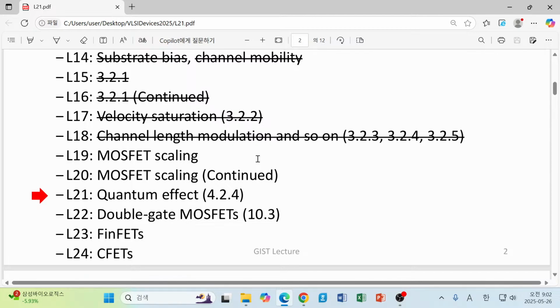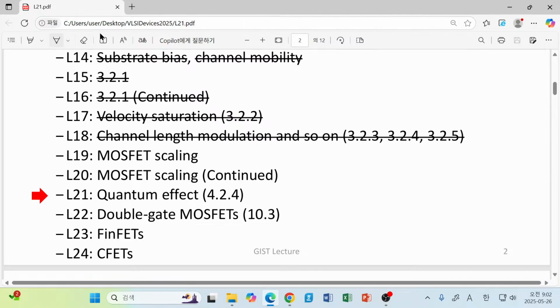Okay, so let's go to today's lecture. Today we will just finish our previous contents on some effects related to hot electrons, and also related to reliability.